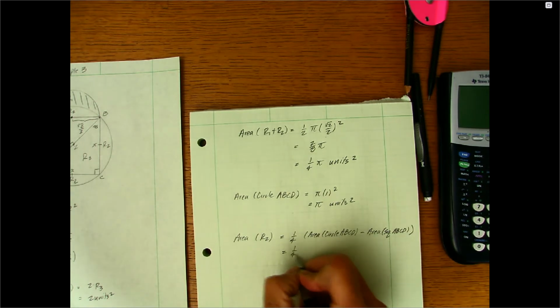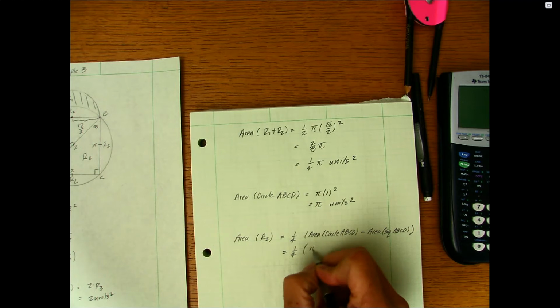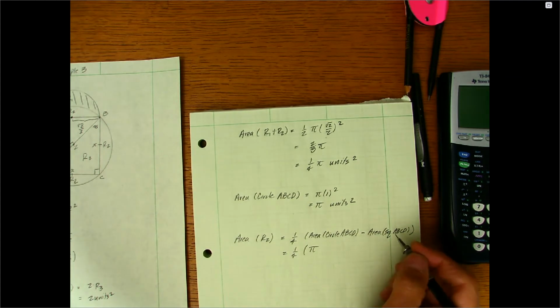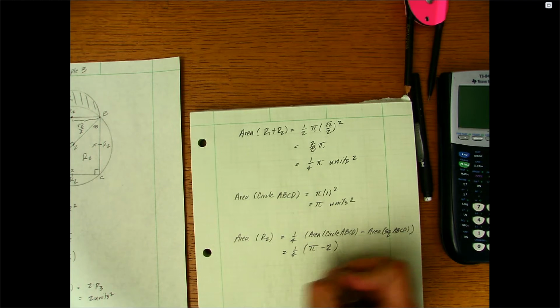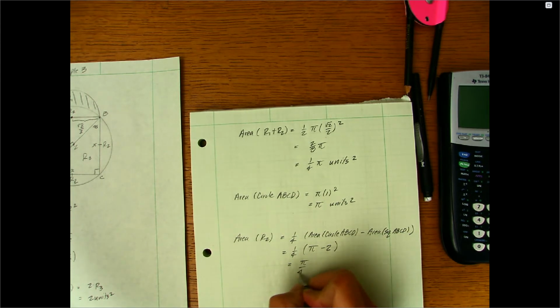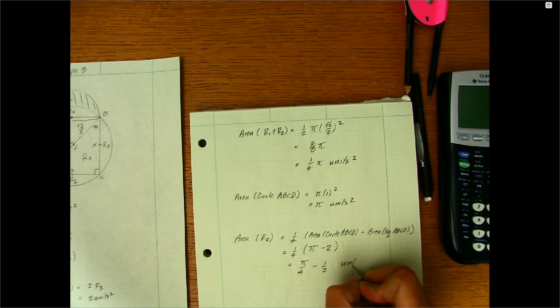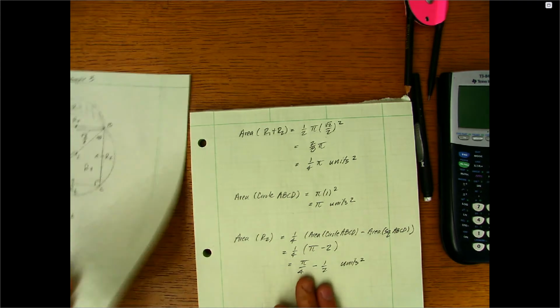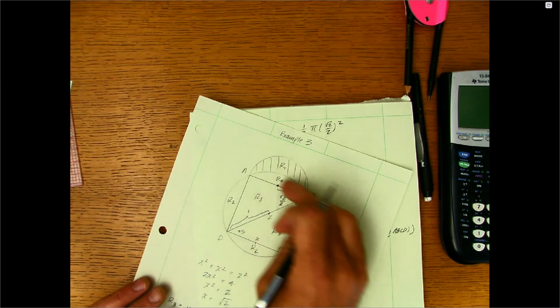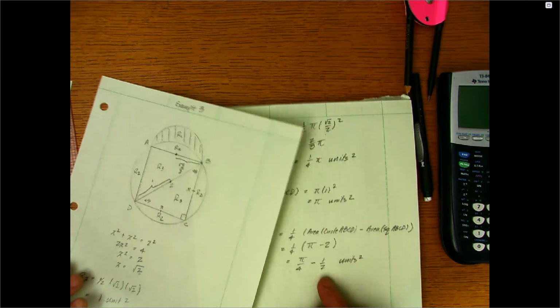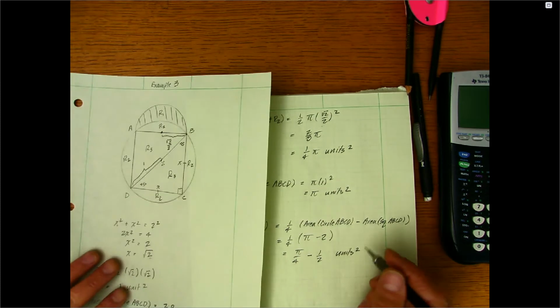So that's going to be 1/4 of the area of the circle, which we said was pi, minus the area of the square, which we said was 2 units. So that's 1/4 pi minus 2, divided by 4, or pi over 4 minus 1/2 units squared. So each one of those little R2s is equal to that amount in area.